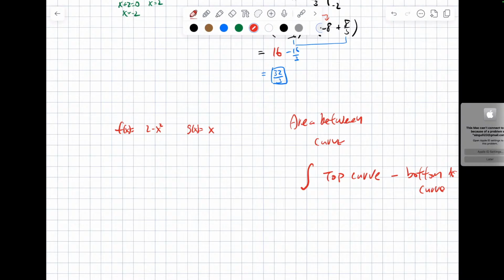Okay, top minus bottom, if that helps you. One is on the top, the x squared is on the bottom, right? Or top minus bottom.